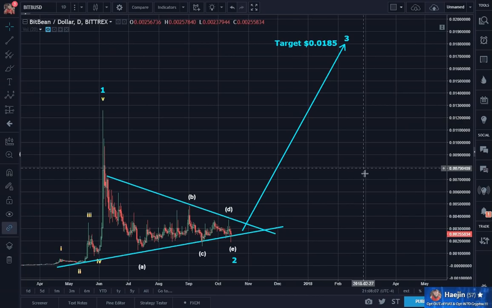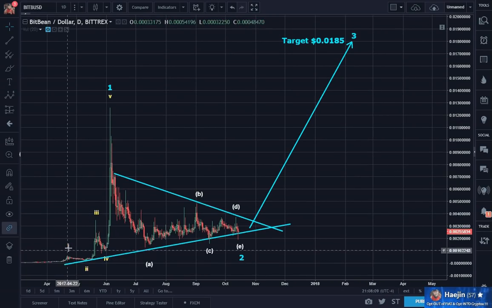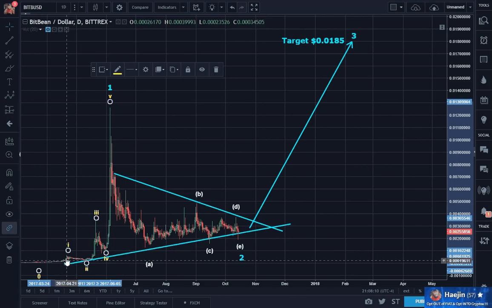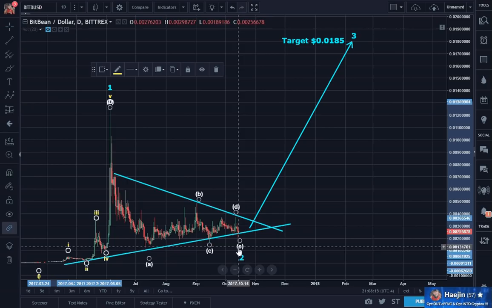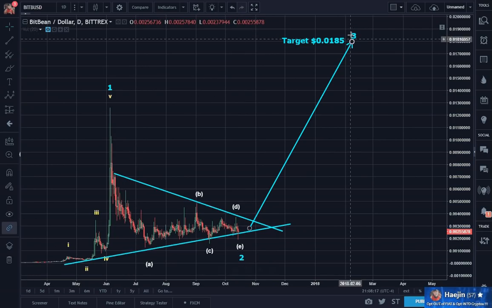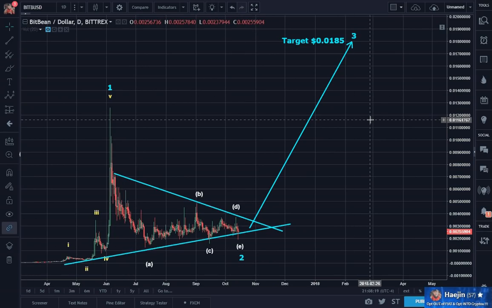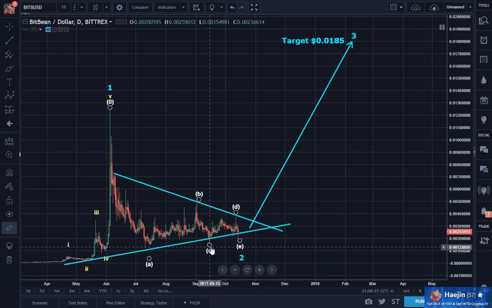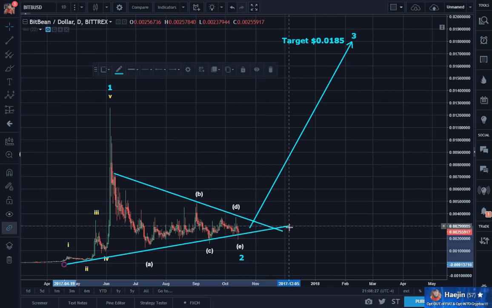This is significant because Elliott wave shows, just like I did in the white here, 1, 2, 3. After wave 1 and 2, here's the blue, 1 and 2, 3 must follow. Now in this support line, I see a couple of spikes down, breaking this bottom support.